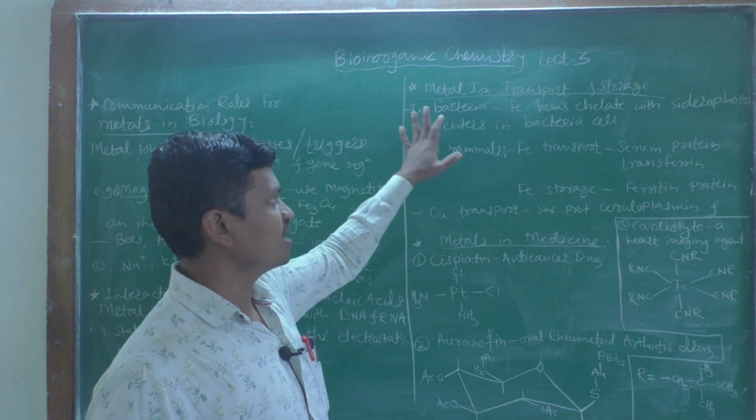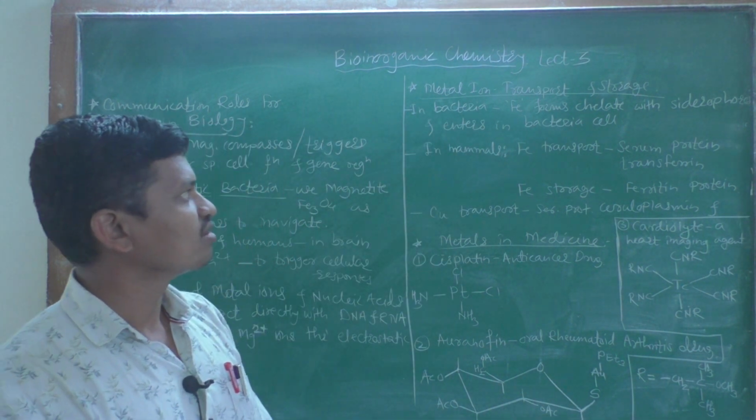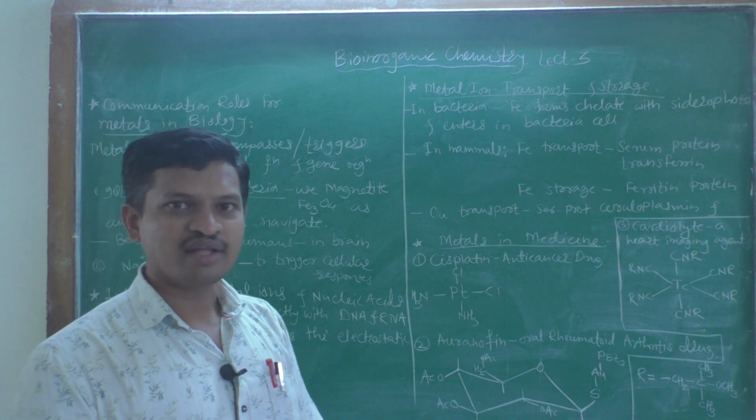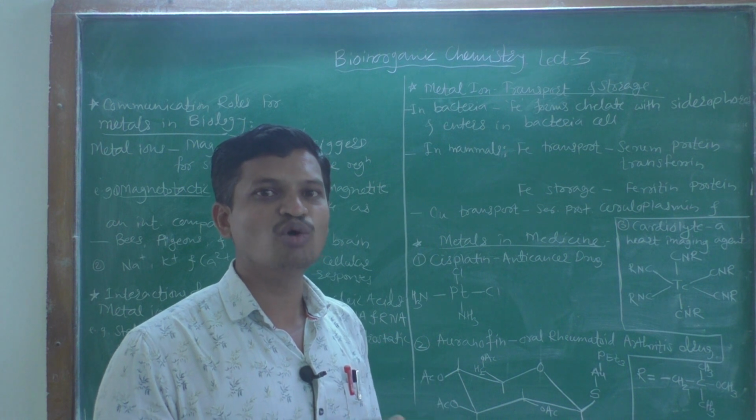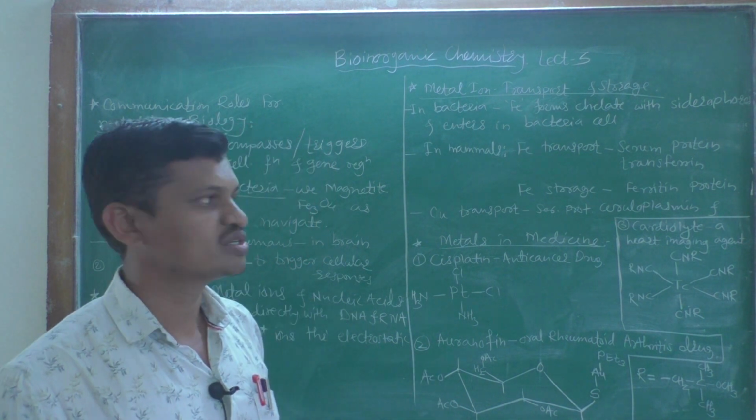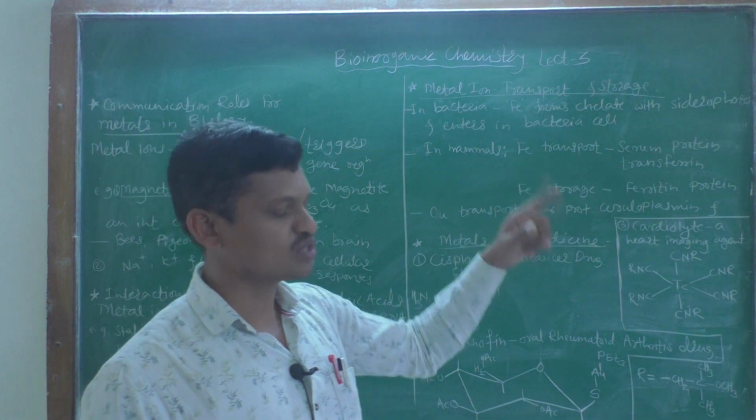For example, in bacteria, the iron, that is Fe, forms a chelate with the low molecular weight compounds known as siderophores.